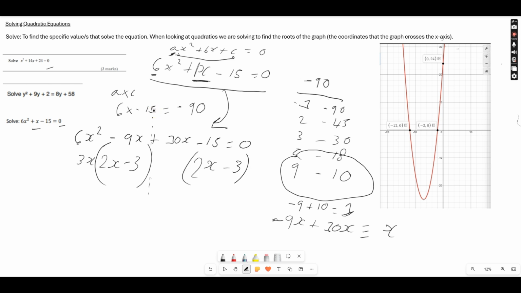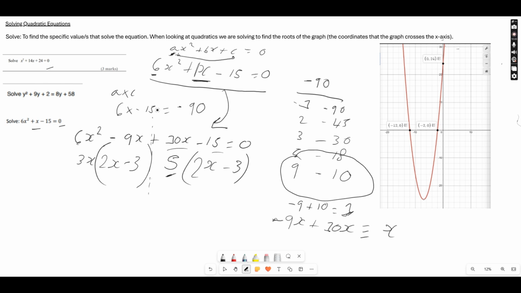Then we need to find what was multiplied here to make these numbers. We can do it the inverse way and divide: 10x divided by 2x is just 5, and we'll check that 5 times minus 3 is minus 15.